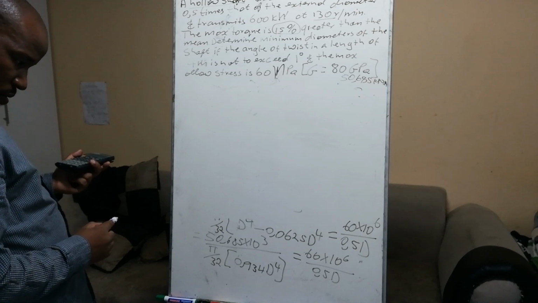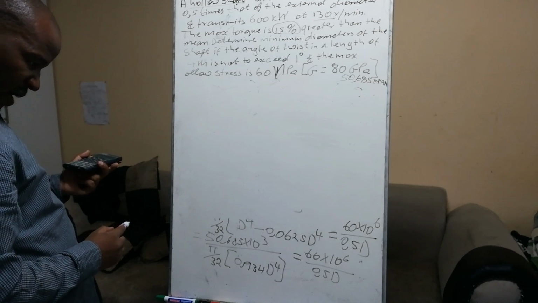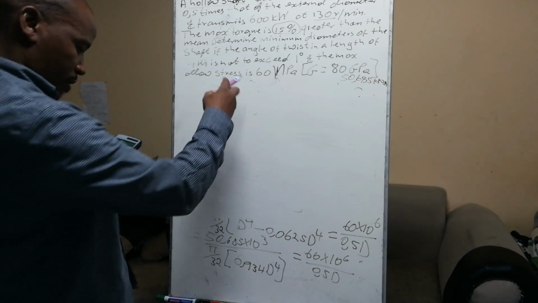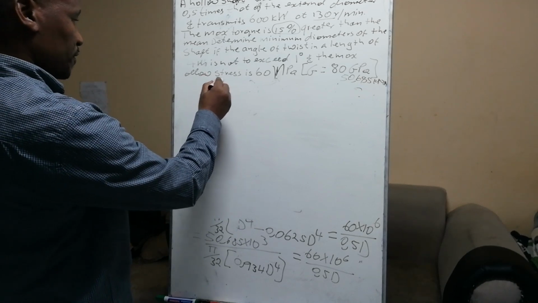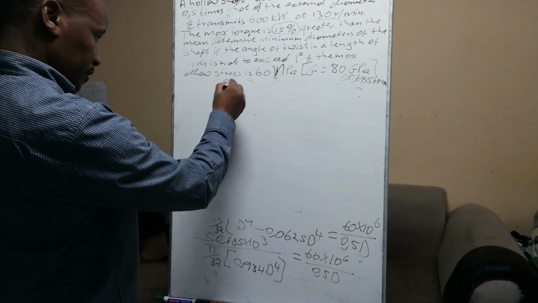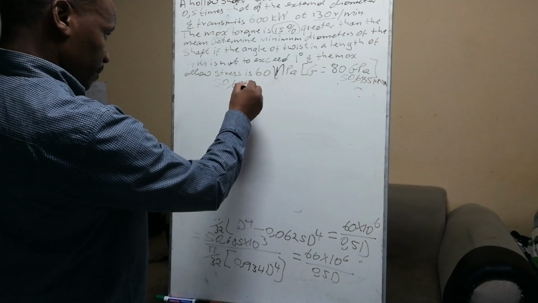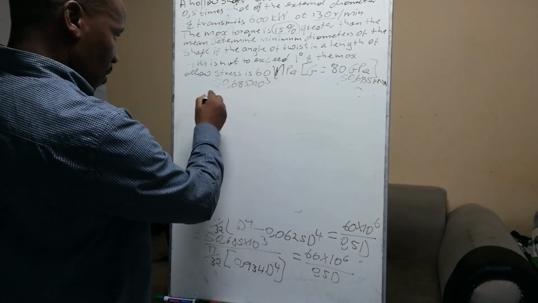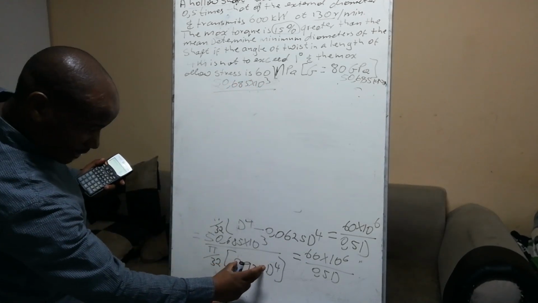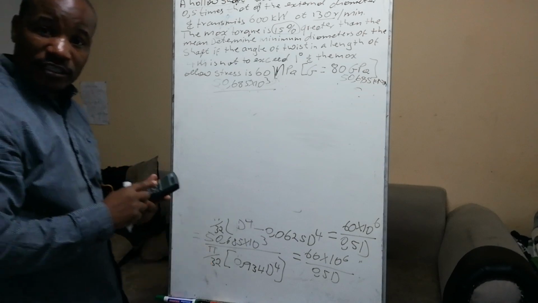Now, this is 50.685 multiplied by 10 to the power 3 over this multiplied by pi over 32.